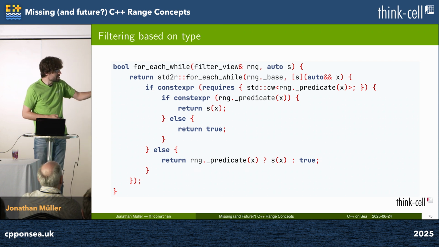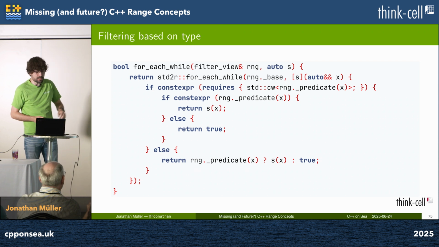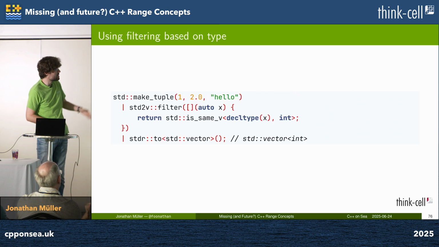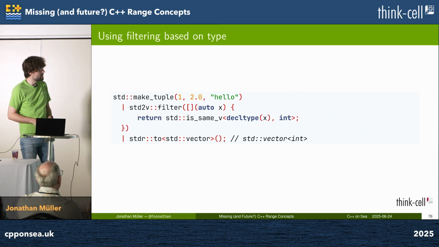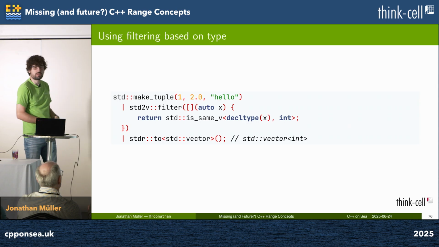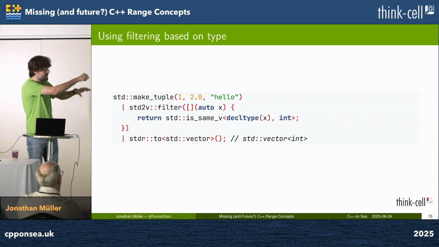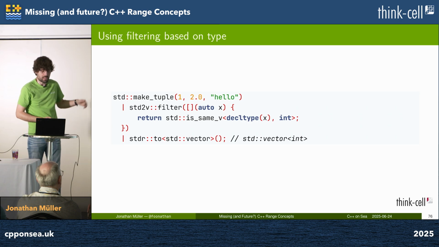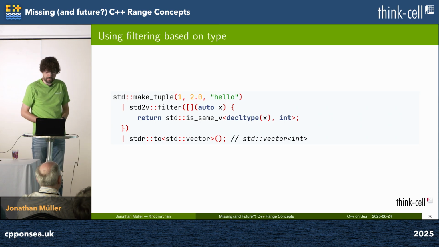And because we don't instantiate the sink on the types that weren't taken, we can write code like this: we can take a tuple, filter to keep only the integers, and turn that into a std::vector. And this just works because the filter appropriately skips over the types at compile time. It's really cool, though not really relevant for this example yet.